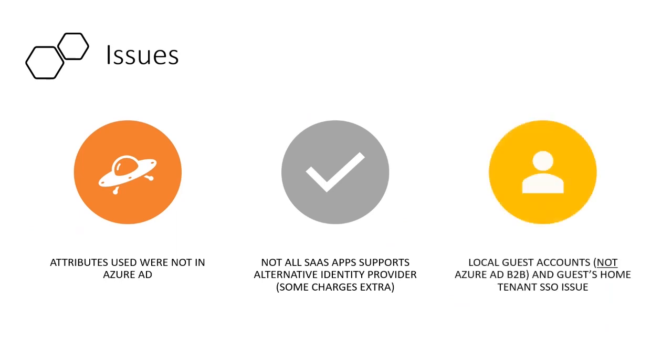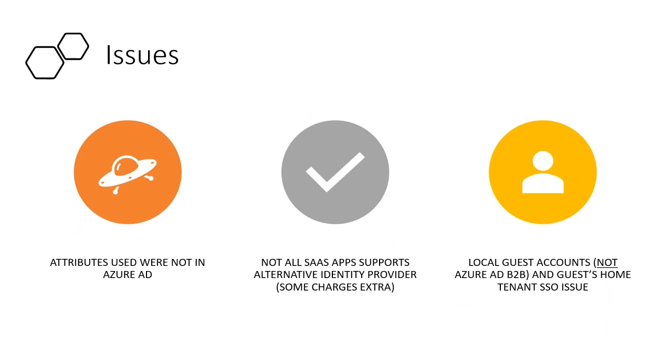And the last one, which is a bit tricky. If you have created local accounts for your partners or guests, and they use that to access your application, all of a sudden you move your application up to Azure AD, and you also sync those locally created accounts to Azure AD for your partners to be able to sign in. That works great.